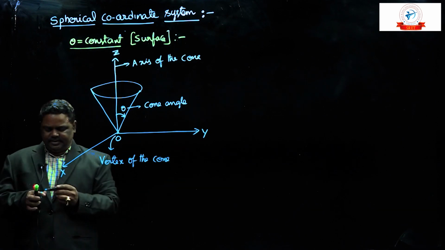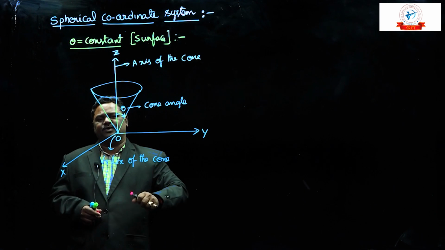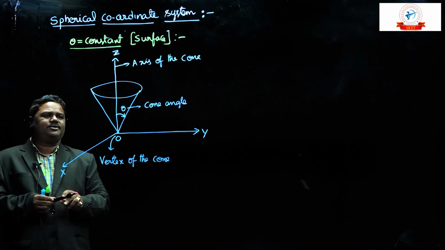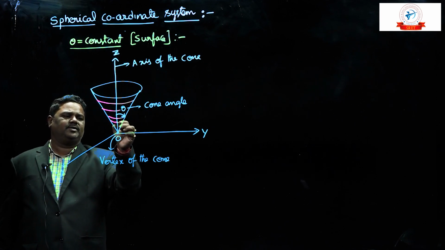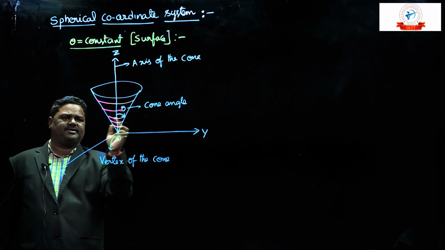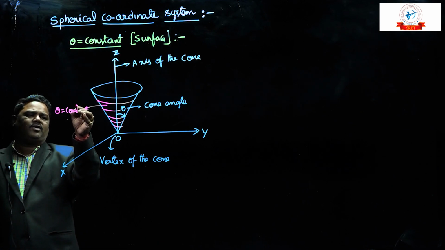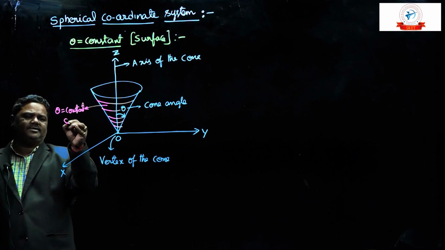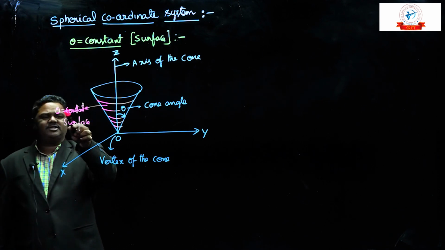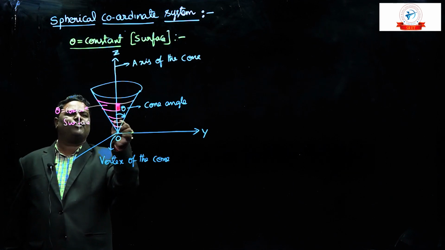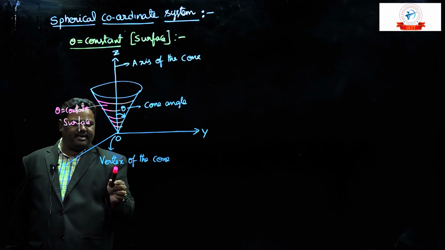For this cone, the entire surface of the cone is called the theta equal to constant surface. So theta constant represents the surface of a cone when the cone angle is theta, the cone axis is the z axis and the vertex of the cone is the origin.